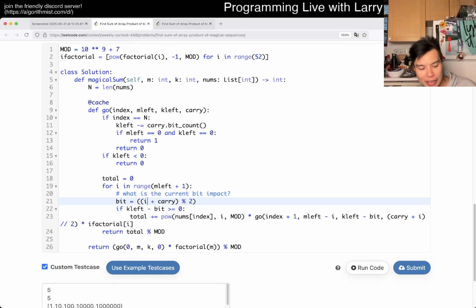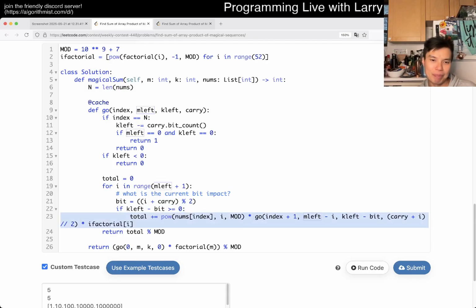So at the current index, we have i versions of this number, and then the carry. We'll talk about carry in a second, but that's just the number of things that carry from the previous digits. Now, if this is greater than or equal to 0, meaning that we have a k bit to use, and we do have m bit to use because we only go up to m left, this is good.